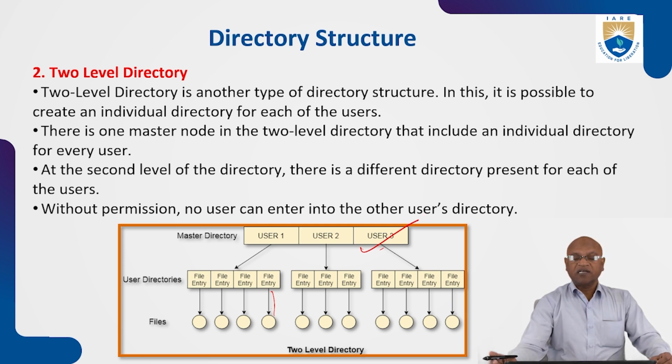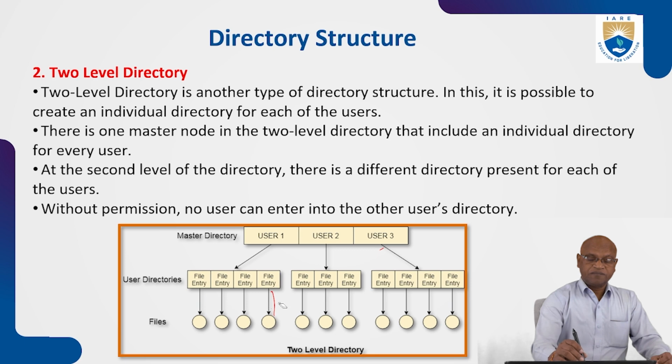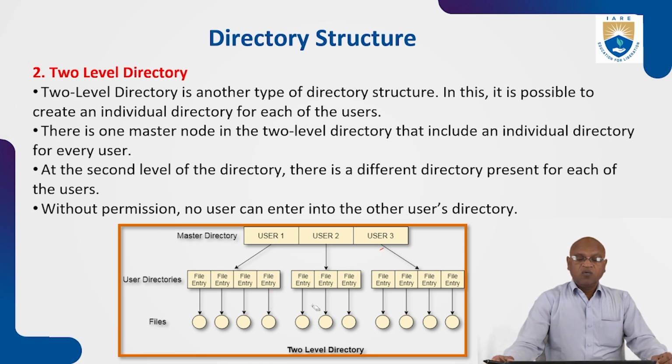The two-level directory includes an individual directory for every user. At the second level of the directory, there is a different directory present for each of the users. Without permission, no user can enter into another user's directory. This is because they are separate, so different directories are there.